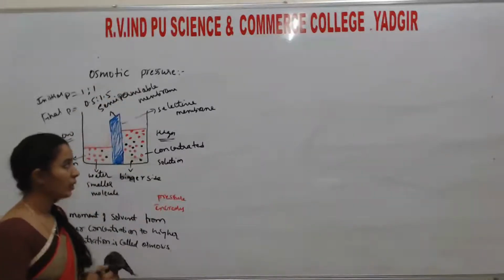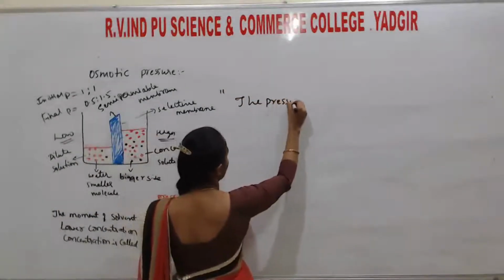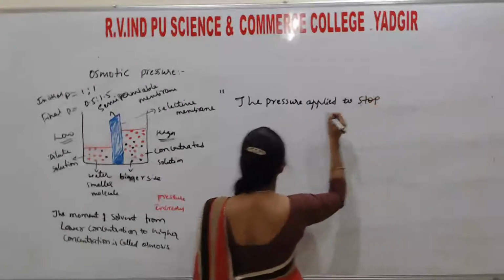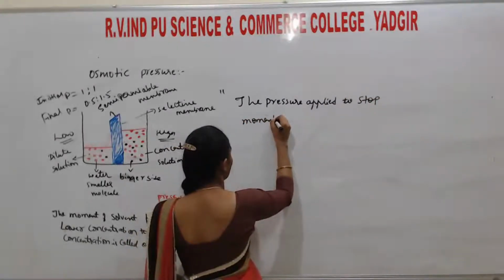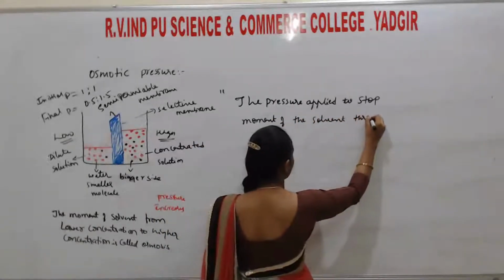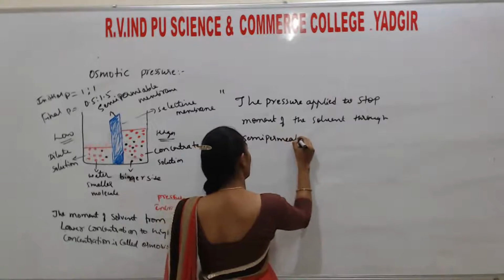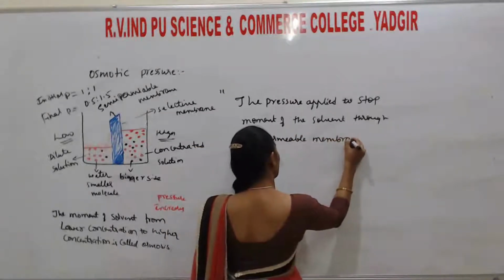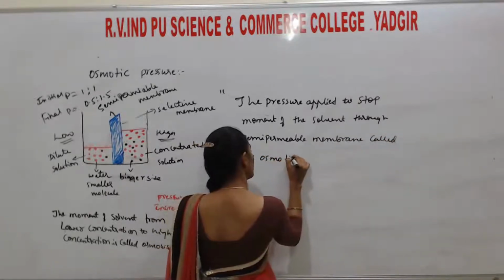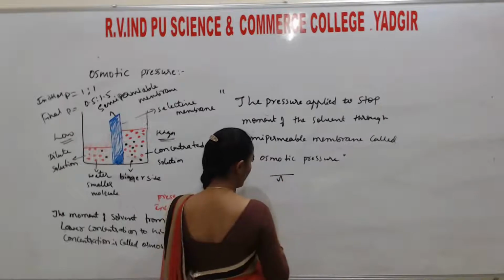Osmotic. So I write here what is osmotic pressure. The pressure applied to stop the movement of the solvent through a semi-permeable membrane is called osmotic pressure, that is represented by pi.